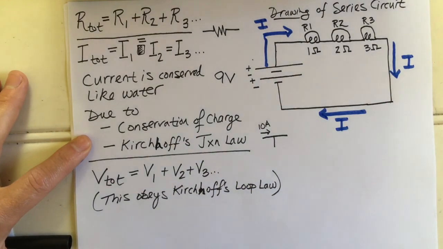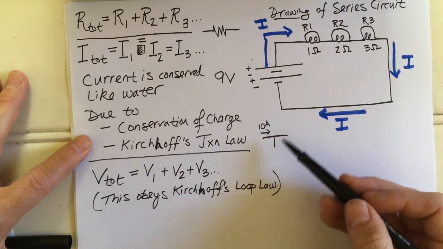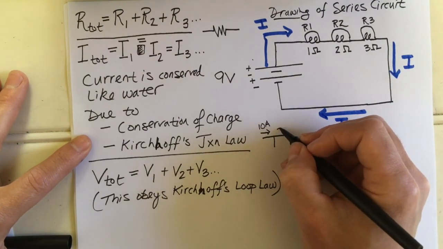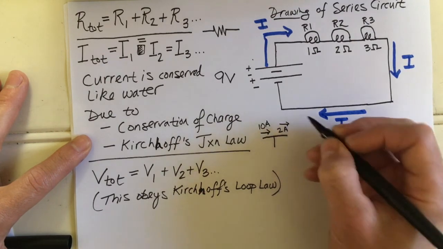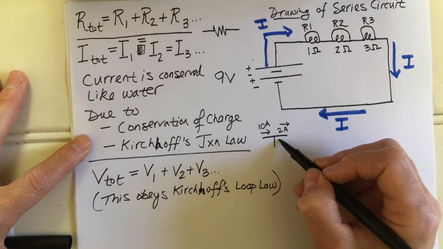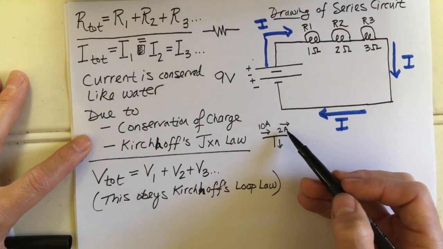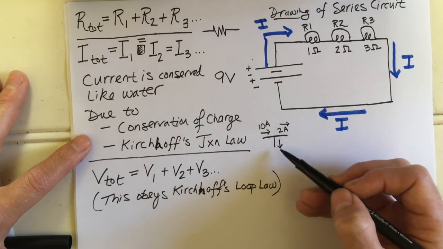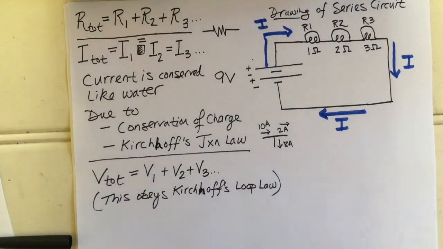A junction is just somewhere where the pipe splits, right? The wires split. If 10 amps goes into this junction and 2 amps comes out here, right? Then how much comes out right here? Well, 10 amps goes in, 2 amps comes out here, and current's conserved, you would say 8 amps, right? And that's Kirchhoff's junction law. Pretty simple, right?